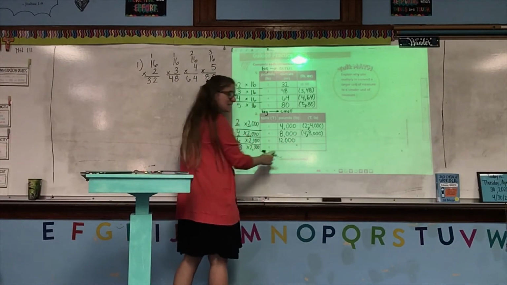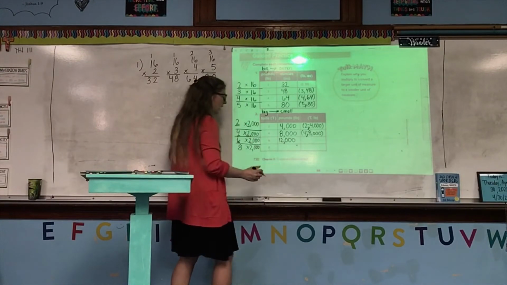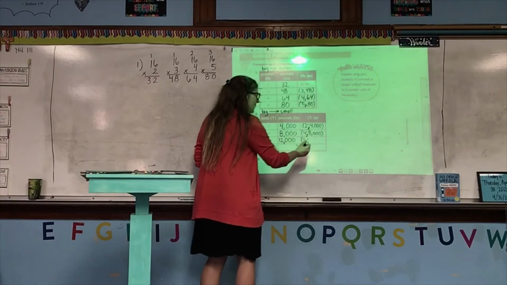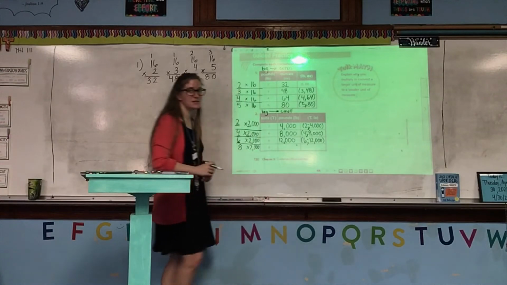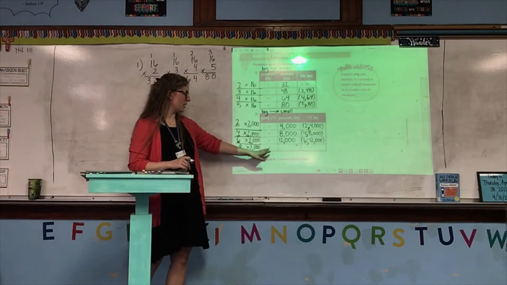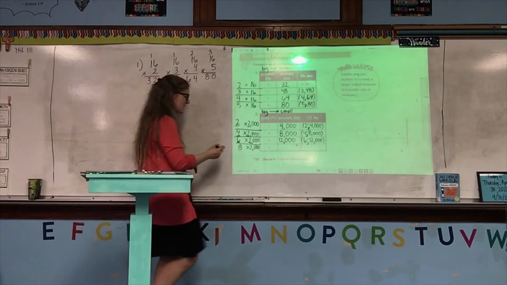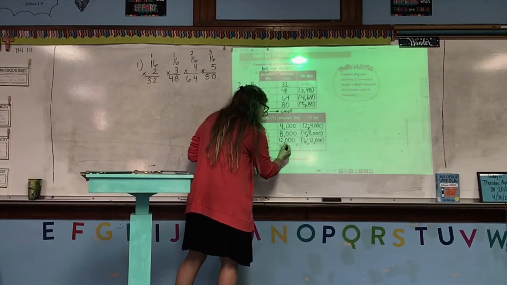I'm going to place my comma, 1, 2, 3, and now I know that in 6 tons, there are 12,000 pounds. Now, last row, we have 8 tons. We're trying to figure out how many pounds that is. The basic fact is 8 times 2, which equals 16.